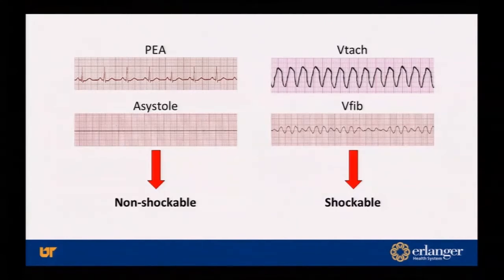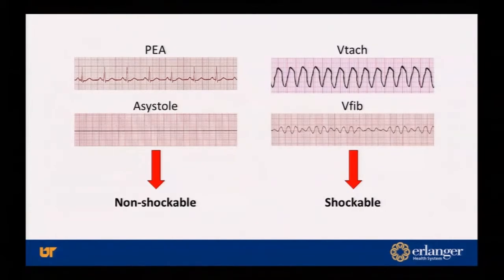We're going to talk about PEA a little bit more in a little bit, but it's actually a tricky rhythm because it can look like a lot of things, and I'll talk about that in a second. The shockable rhythms are really only two rhythms, VTach and VFib.